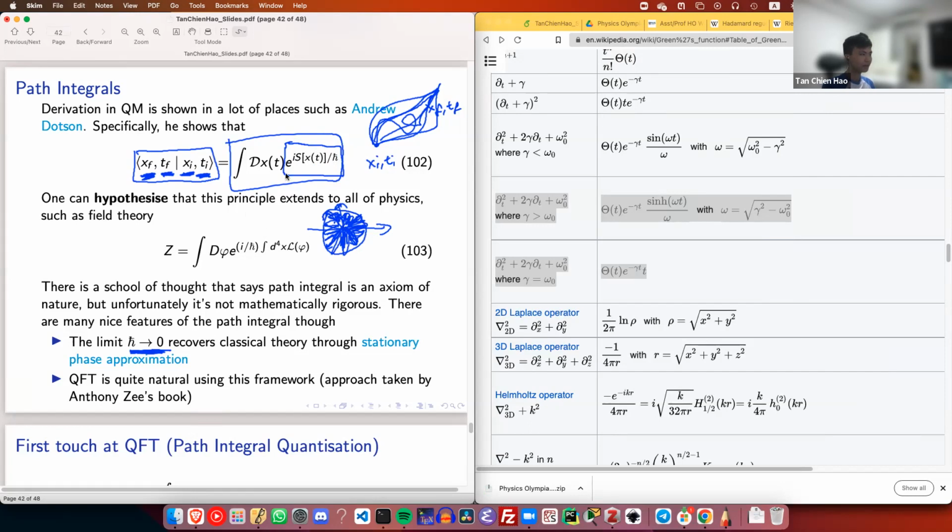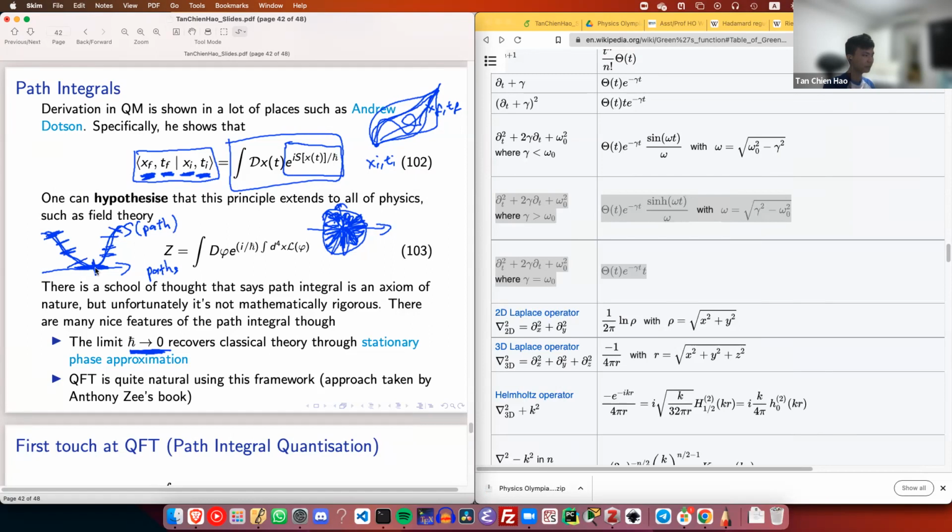However, there's a case where your path is stationary, if S looks something like that. The x-axis over here is the space of all paths, and S is the action of a particular path. When you have a path like that and a path like that, they generally interfere destructively.